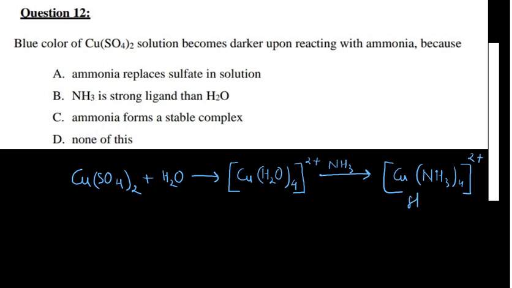It is stable, it is less stable, so your correct option is what? Ammonia forms a stable complex. So option C is looking the correct option in that case. Okay, now moving to the next problem.